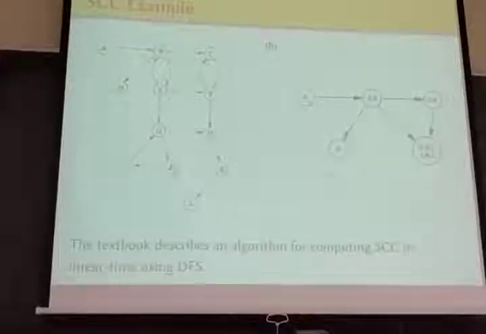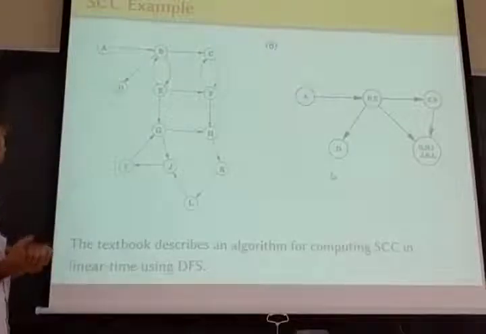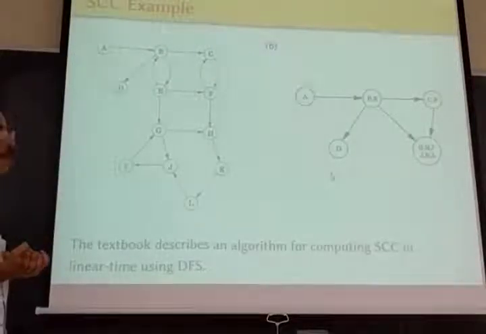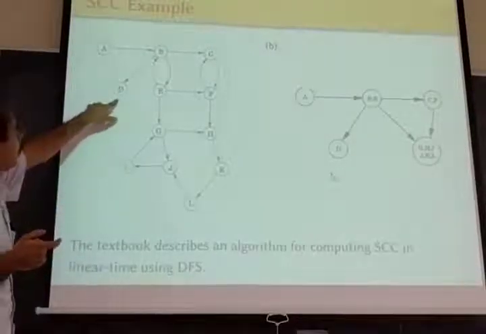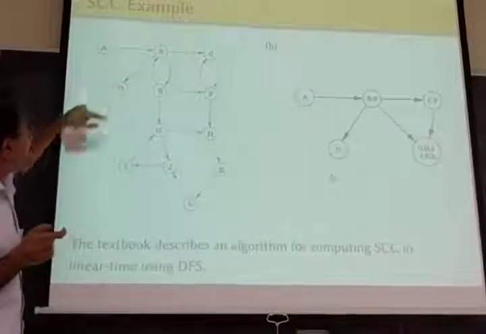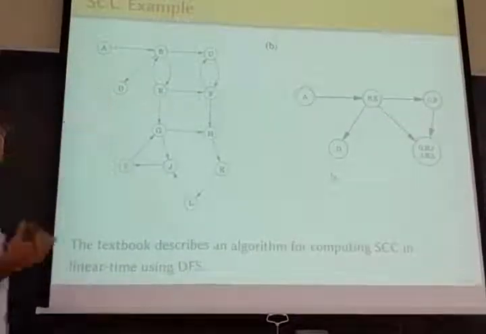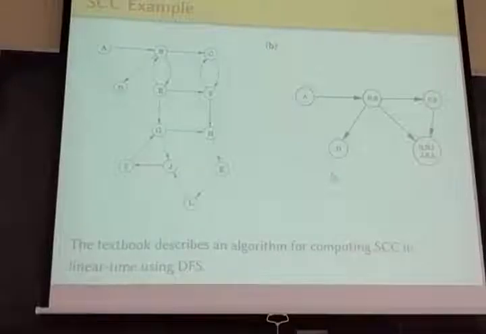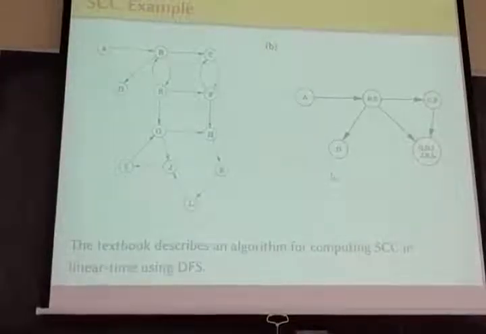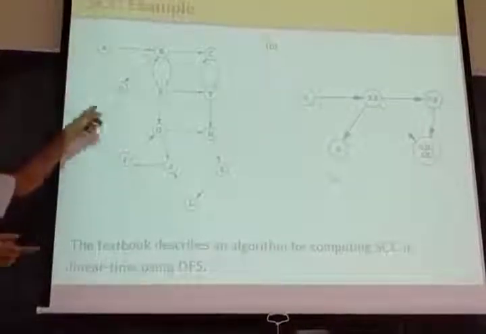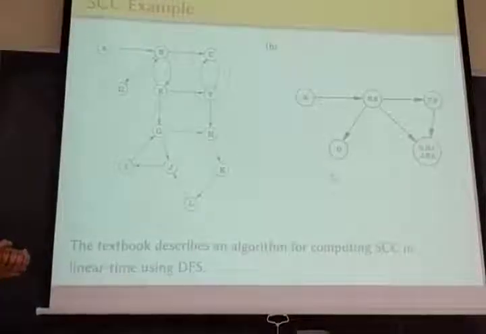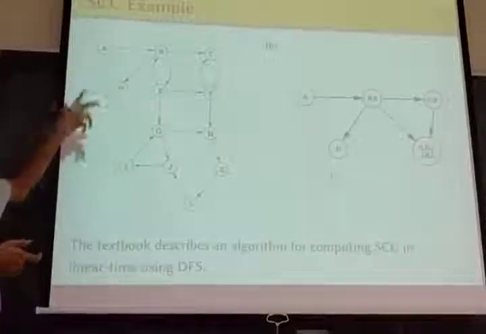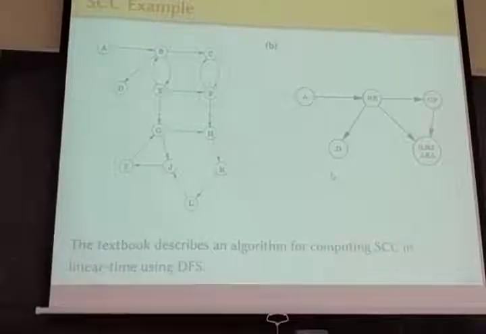You have the graph here, and the dotted lines identify strongly connected components. A here is a component by itself because there's no way to get to A, right?